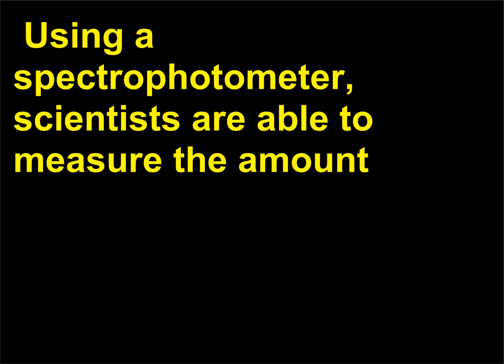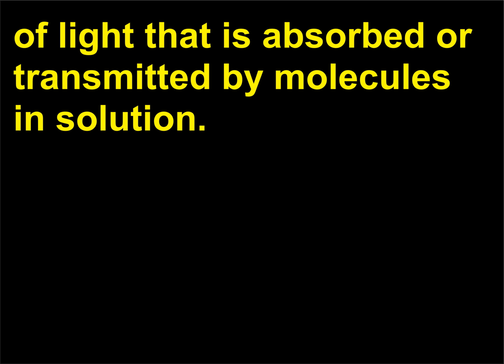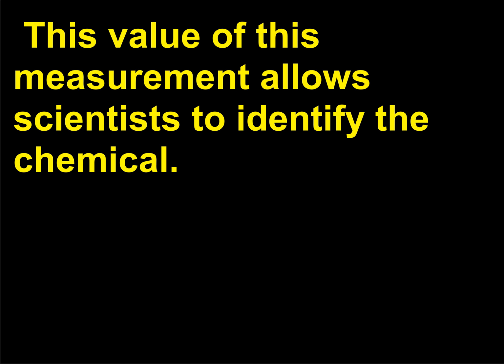Using a spectrophotometer, scientists are able to measure the amount of light that is absorbed or transmitted by molecules in solution. The value of this measurement allows scientists to identify the chemical.